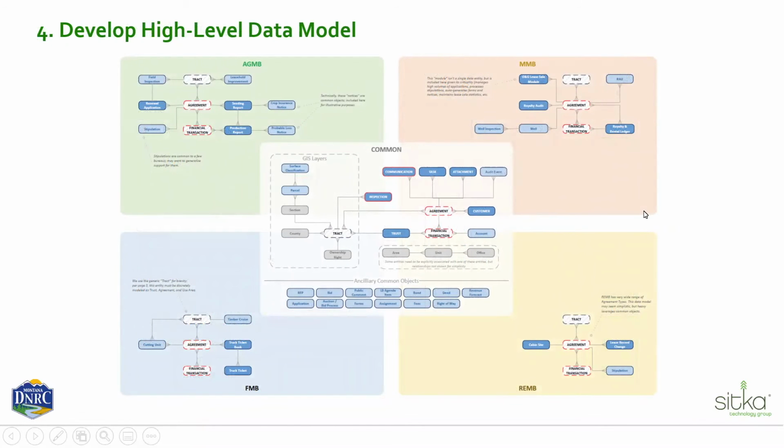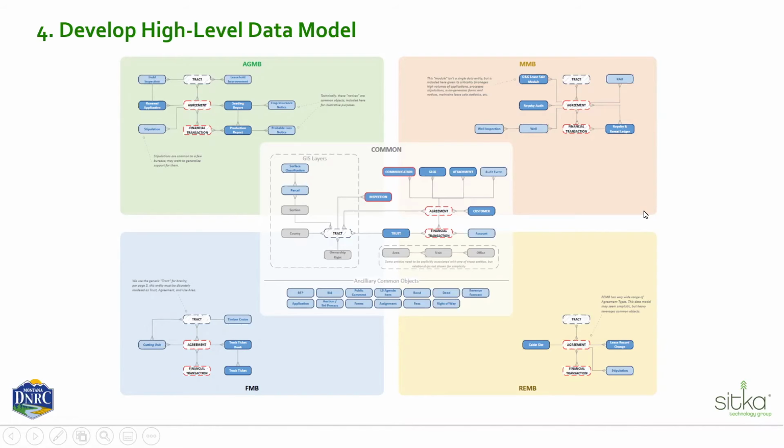So the last piece of the analysis that I'm going to talk about is creating a high-level data model. Increasingly, enterprise-level systems don't just exist to capture your information and to give you tools for your everyday job, but also as a store for information about everything that's happening on trust lands.